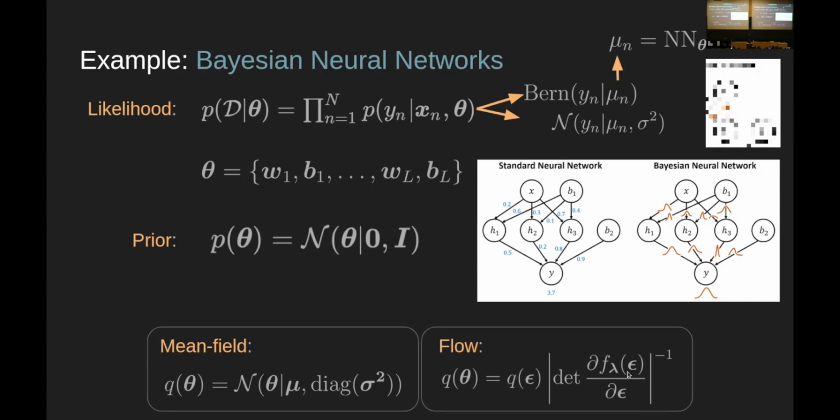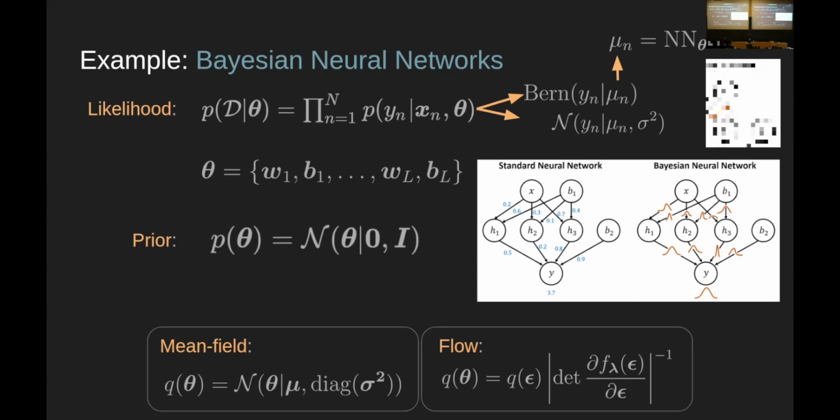Everything is the same here. You can transform an epsilon to the parameters of the neural net. However, there's a problem here. Not a theoretical one, but a more practical one. The number of parameters in a neural network is typically very large. You can have millions of parameters.